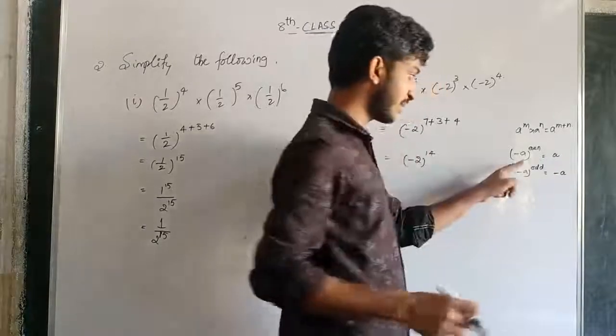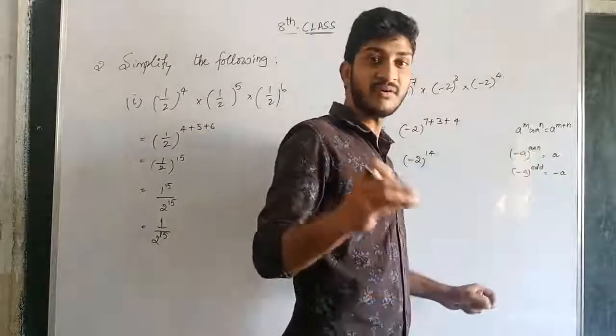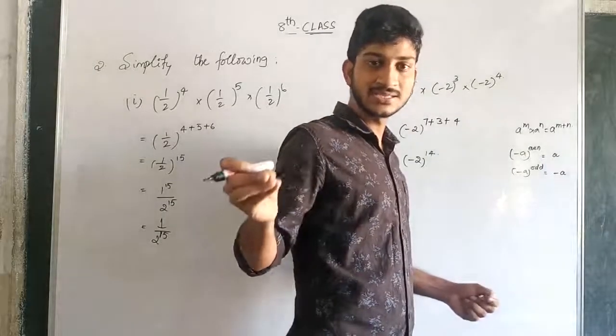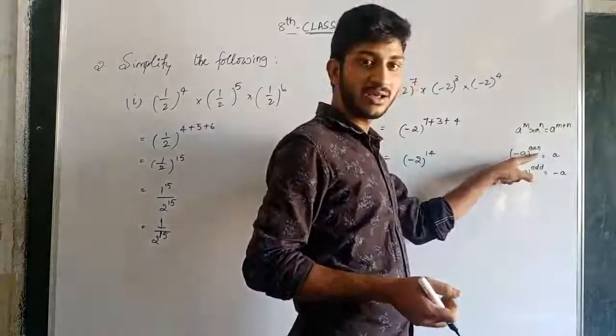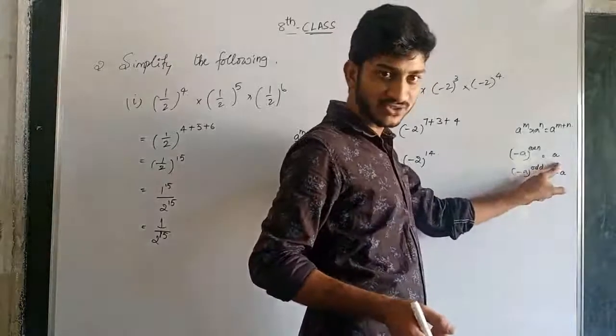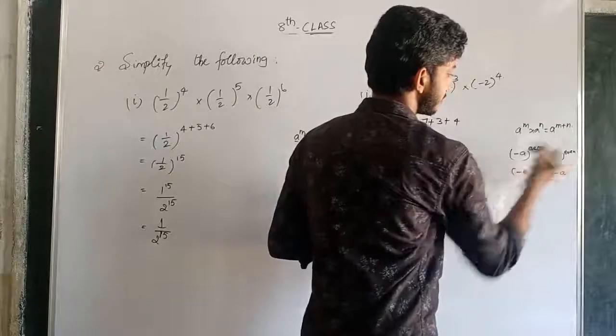If a negative number, minus a, has an even power, meaning even power 2, 4, 6, 8, 10, 12, 14, 16, 18, 20 like this, if any even power we have for a negative number, then the answer is a positive number, okay. Positive number whole power even.